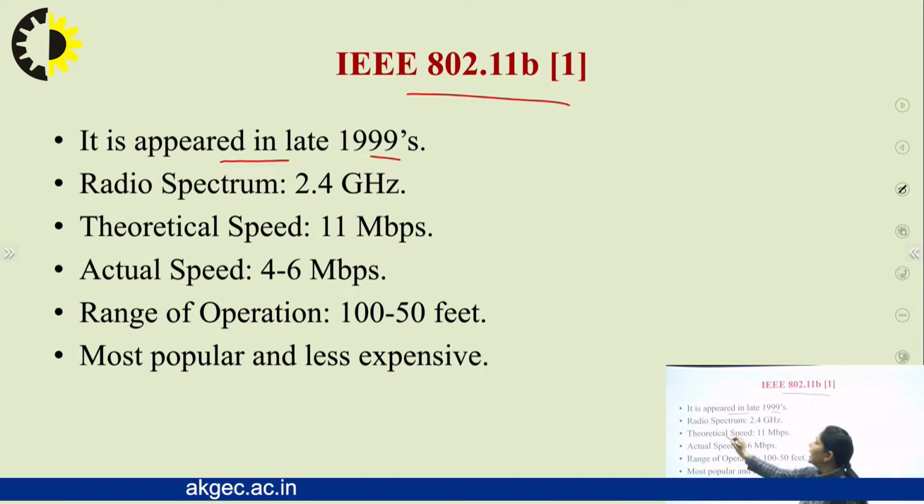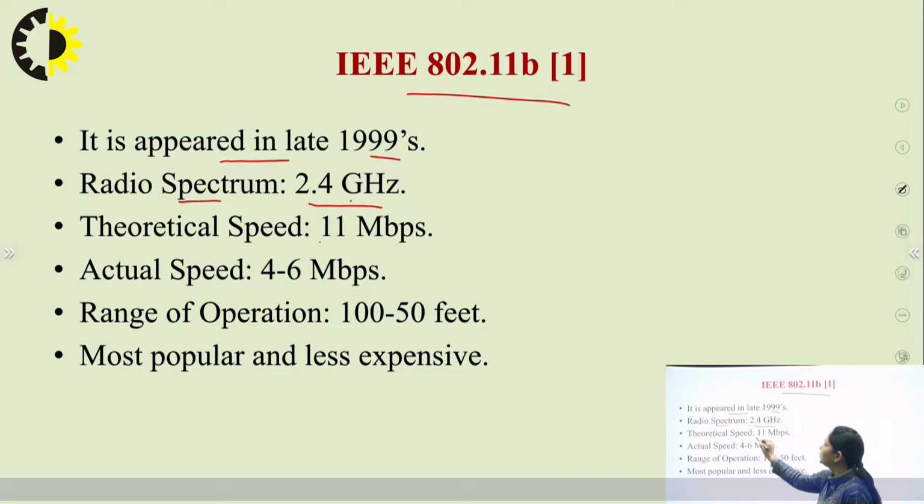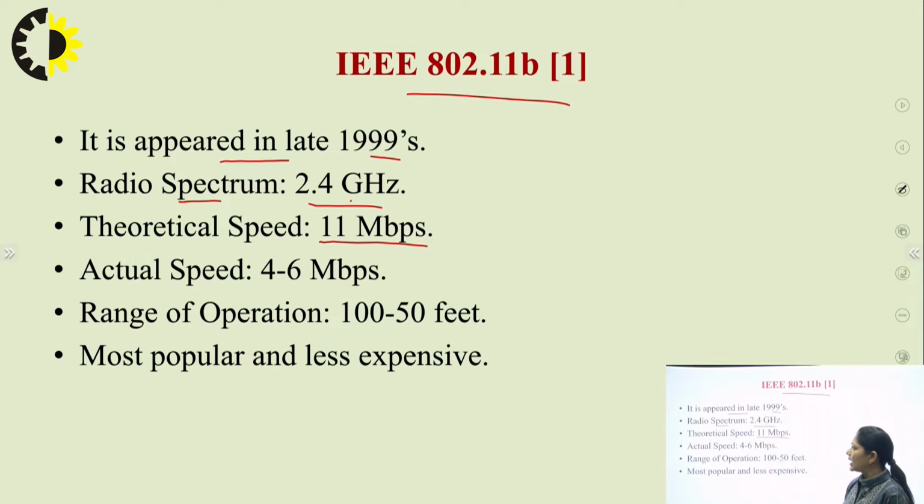Starting with IEEE 802.11b, it started in 1999, and the spectrum or frequency used in this is 2.4 gigahertz, and theoretically the speed is 11 Mbps. That is a theoretical value, but the actual value is 4 to 6 Mbps, and the range of operation is 100 to 150 feet.